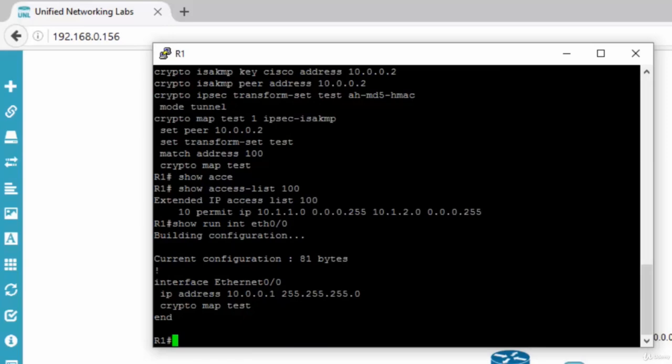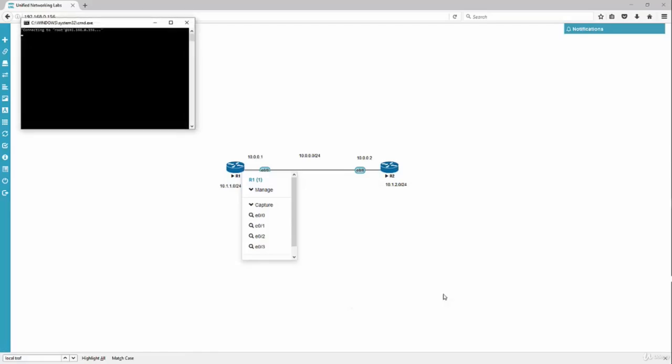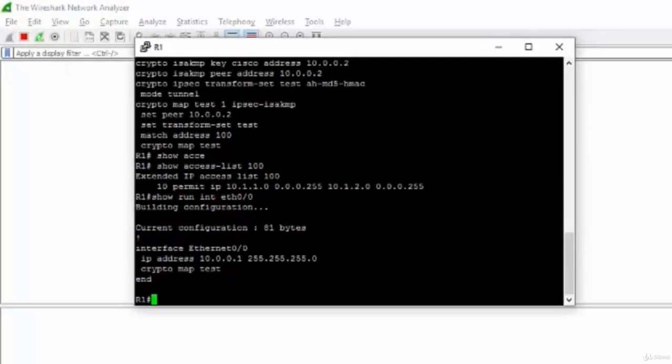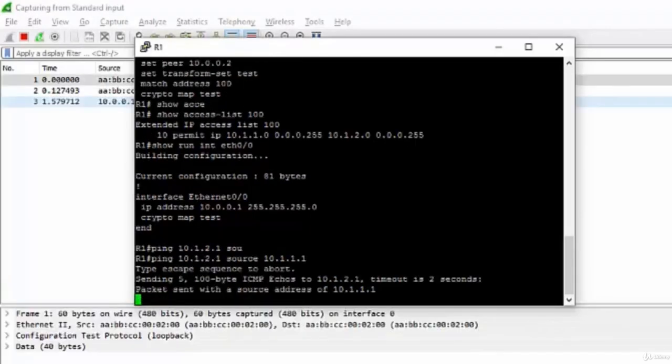So, let's run a capture and look at the authentication header packets. Let me go ahead and run a capture on this interface here. I will trigger traffic by pinging the other side, 10.1.2.1, with source 10.2.1.1. We should see the main mode messages.